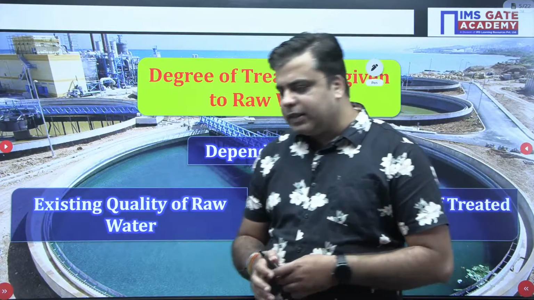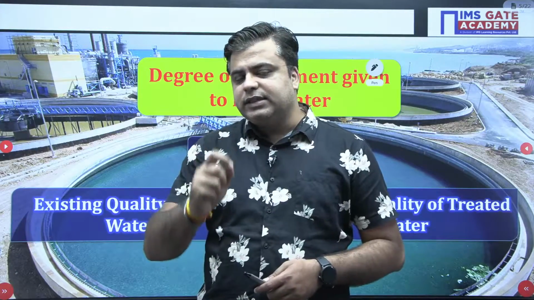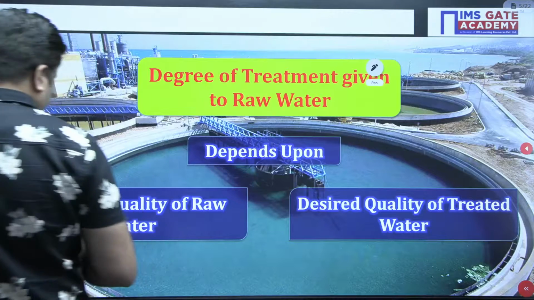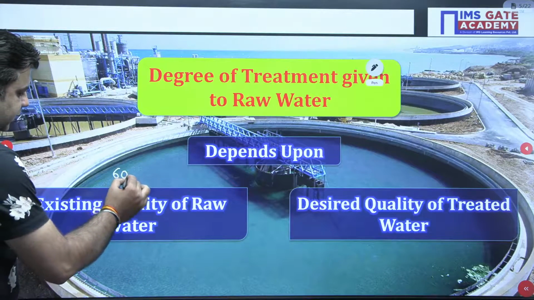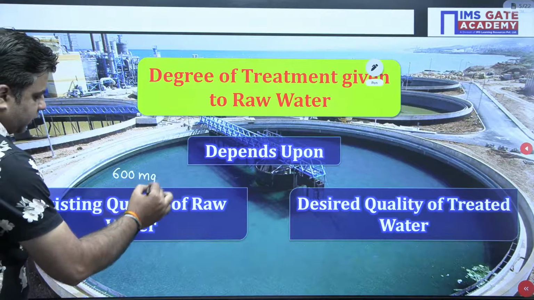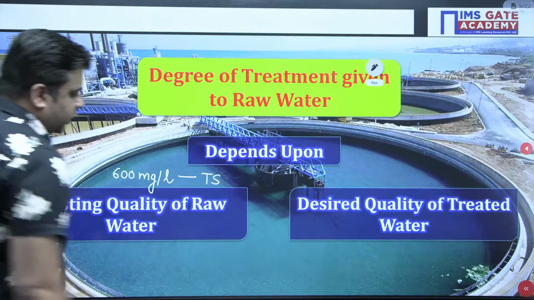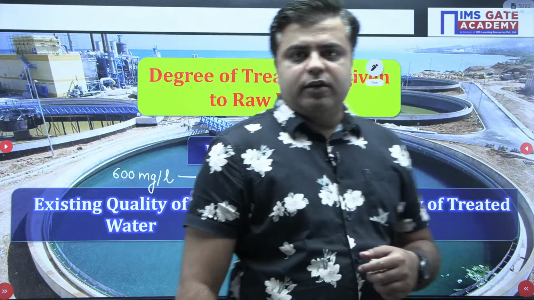For example, the water that we have taken out from a river contains 600 milligram per liter of total solids. So this quality of water is the existing quality of water, right?